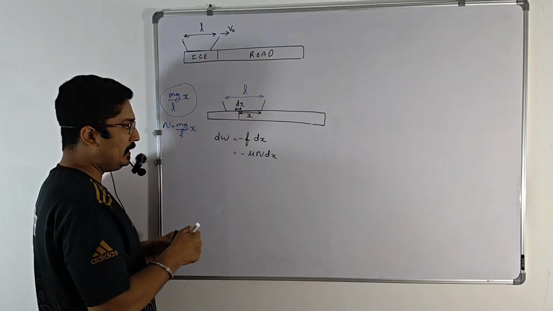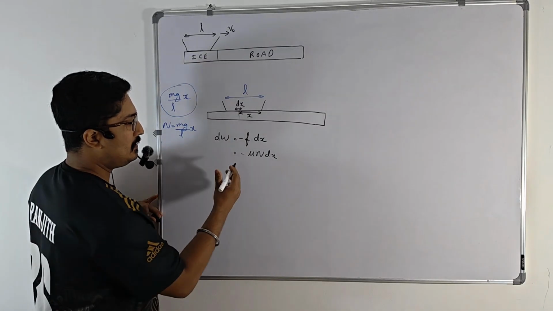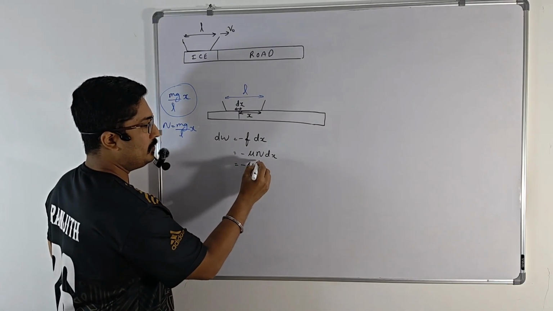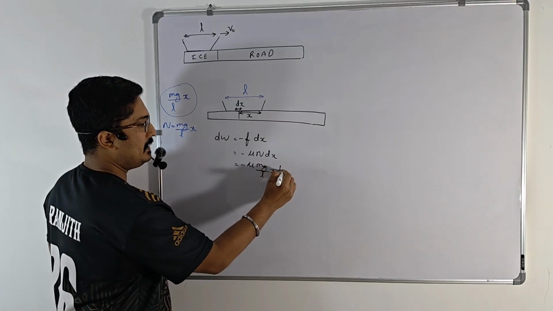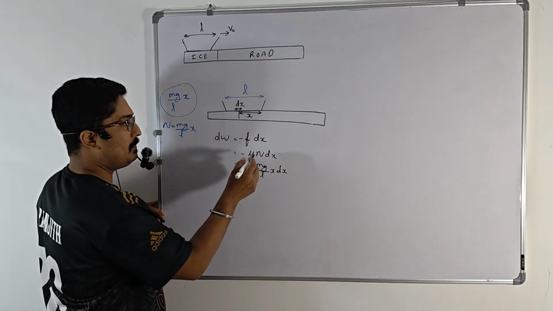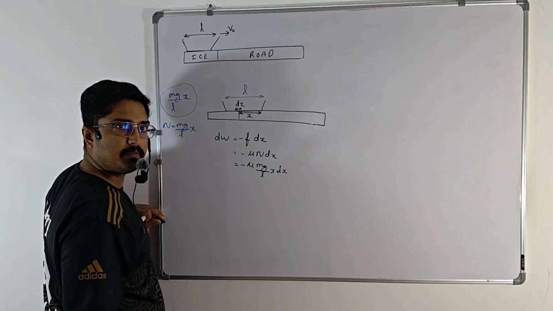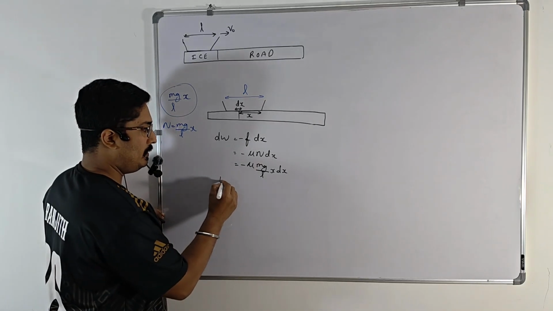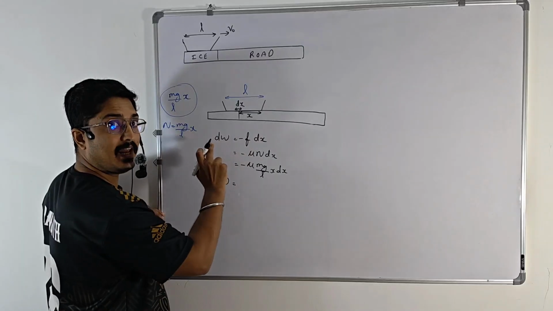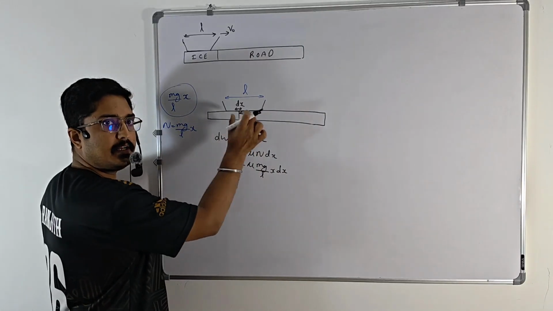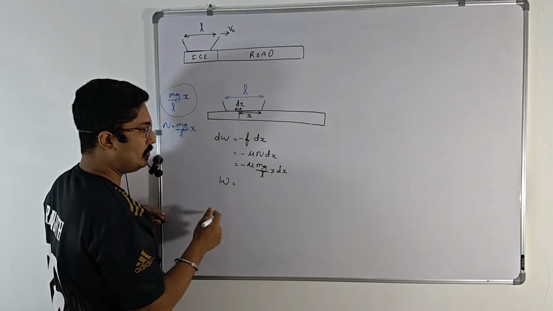Now substitute that value here, and you get minus mu mg by L x dx. This is the work done by friction for that small displacement. Now I can find the total work done for the entire displacement of length L, that is, the sledge completely entering the road.